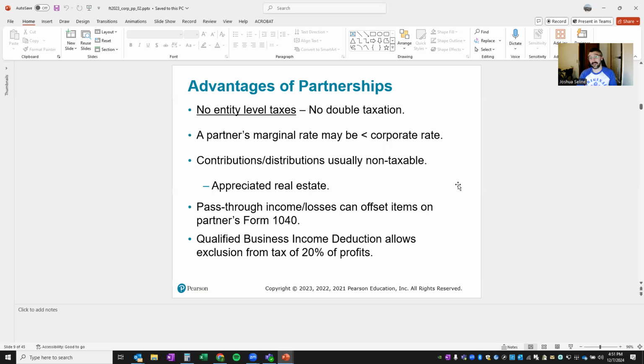The 22 would be higher than the corporate tax rate of 21%, but the 0%, 10%, 12% brackets would be less than, obviously. Contributions and distributions are usually non-taxable, assuming it's not in excess of your basis. Pass-through income losses can offset items on partners' Form 1040, and you get the QBI deduction for partnerships.